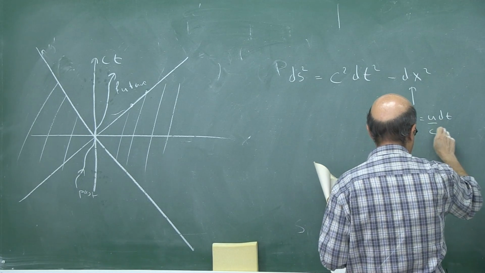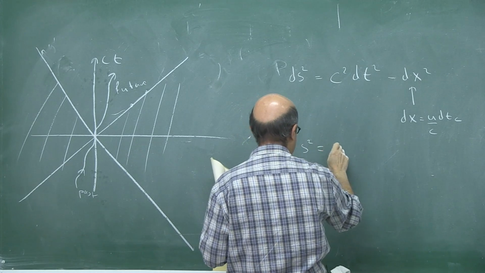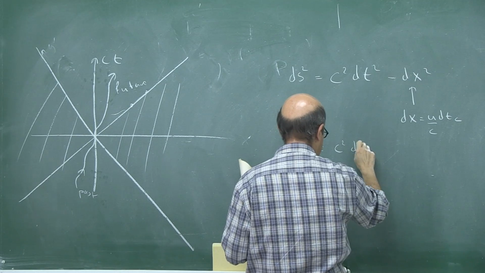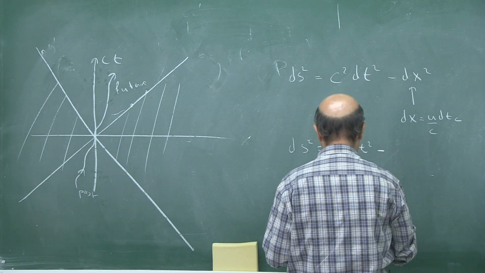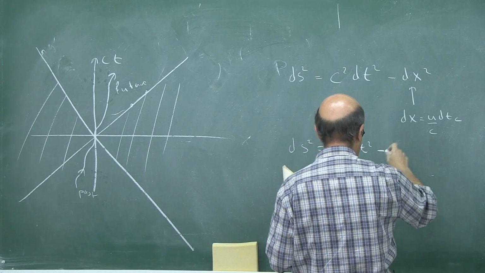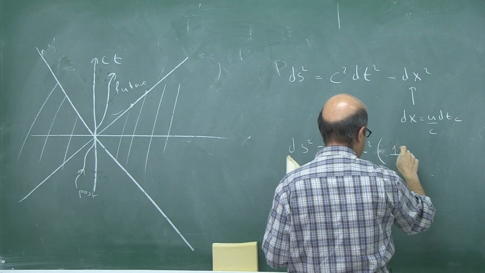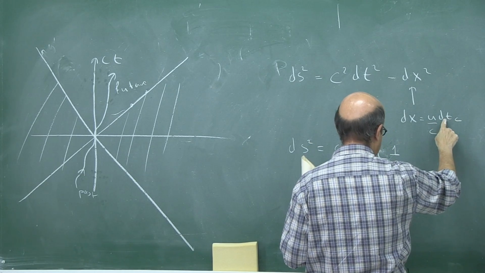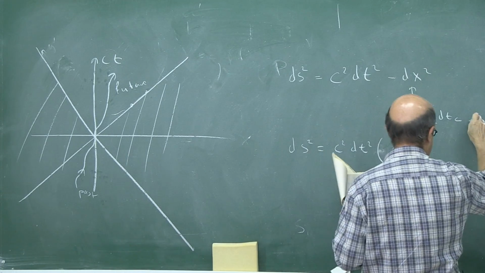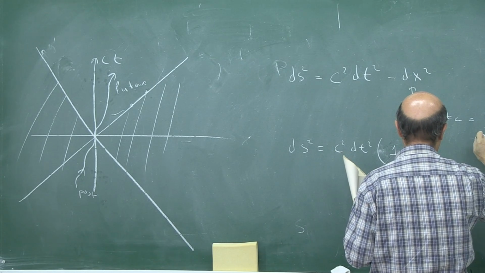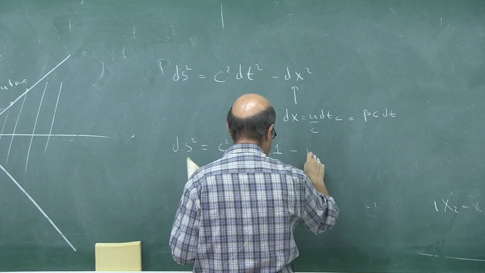Multiply and divide by c, and plug it in, then ds square will be c square dt square. If you take the c square dt square out of the parenthesis, this will be 1. That is c square dt square, and what is left over? 1 minus u over c squared. So that is nothing but beta c dt. Take the c square dt square, so that should be this.